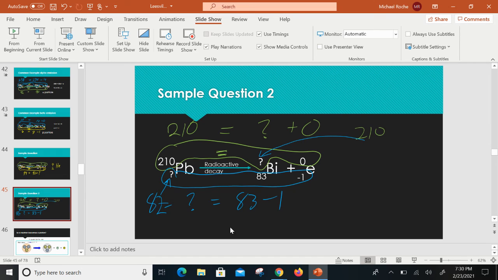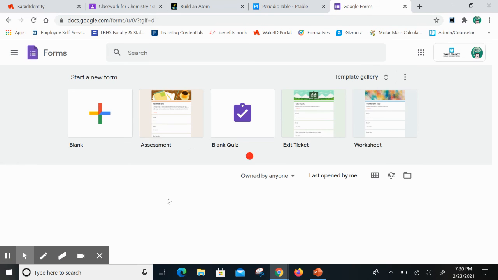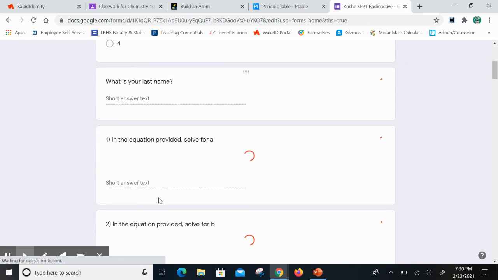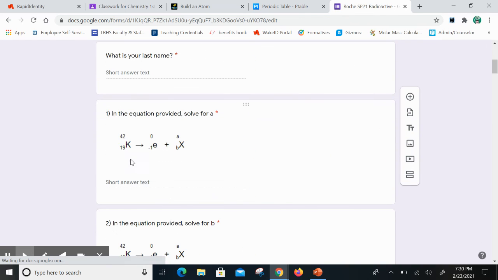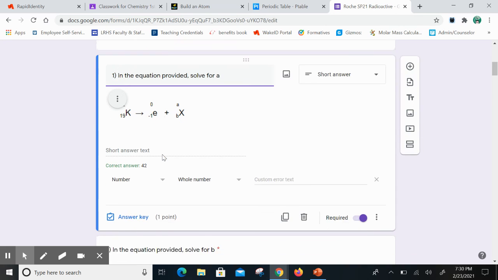Some examples. Let me show you an example real quick. Should have had this ready. All right, so for this example here, the top numbers have to equal each other. So 42 equals, because there's the arrow, 42 equals 0 plus A. So if 42 equals 0 plus A, A has to be 42.